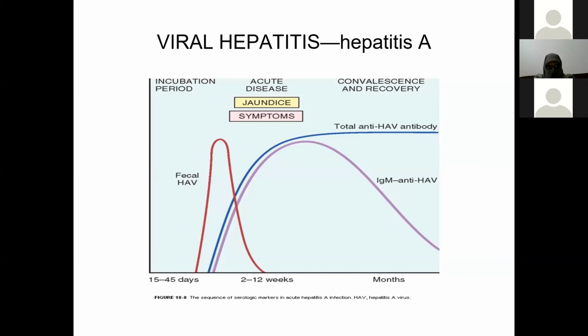Now what is important is that during the incubation period, जो इसके वायरस के पार्टिकल्स हैं, they start excreting through the stool. ठीक है, तो जो फीकल मैटर होता है, फीकल मैटर में वो आना शुरू हो जाते हैं, and they are able to transmit the disease through the fecal matter.